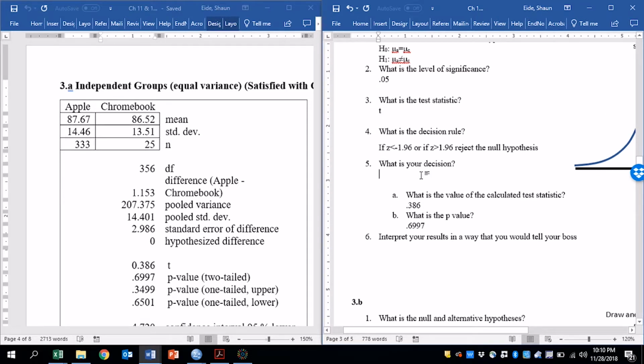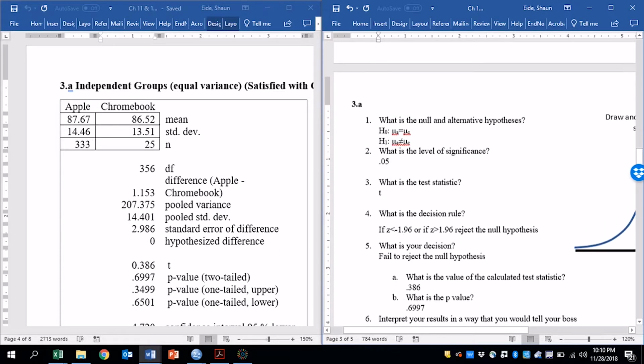So what is our decision? We fail to reject the null hypothesis. So interpret your results.